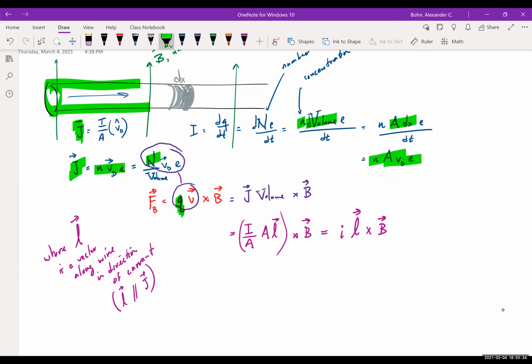Total charge with what velocity? That's what we're saying.